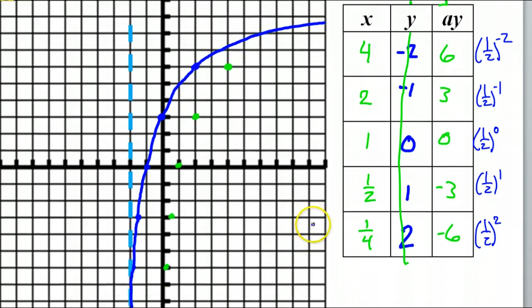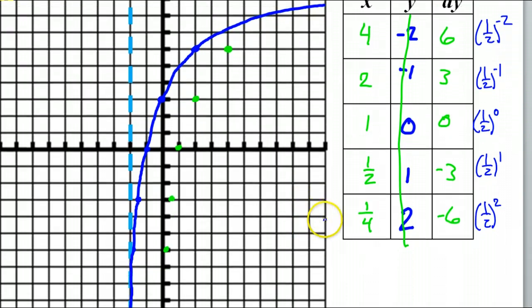Okay, so your graph should look very much like that. Please make sure your graph goes all the way to the edges of your grid. So that's the original log function.